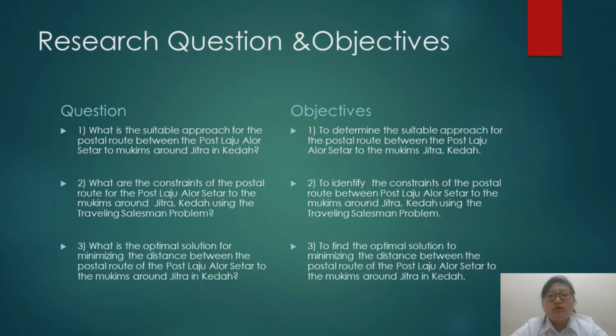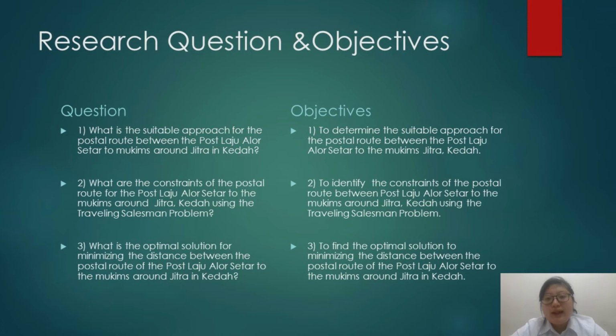Our objectives for the research paper are, first, we need to determine the suitable solution for the postal route between Post Laju Alor to Mukims around Jitra, Kedah. Second, we need to identify the constraints of the postal route between Post Laju Alor to Mukims around Jitra, Kedah using TSP.